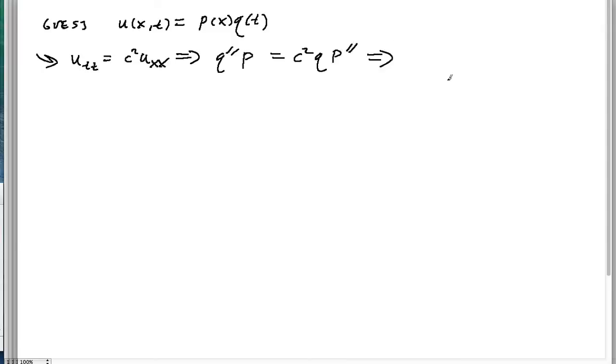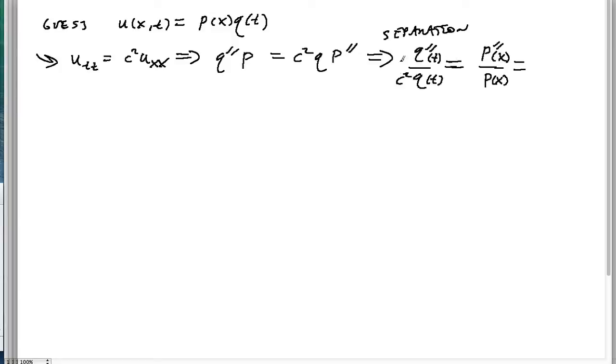Then we do the separation step, where we separate variables, and now we have Q double prime over c squared Q, set equal to P double prime over P. As we always do, this is a function of t, and that's a function of x.